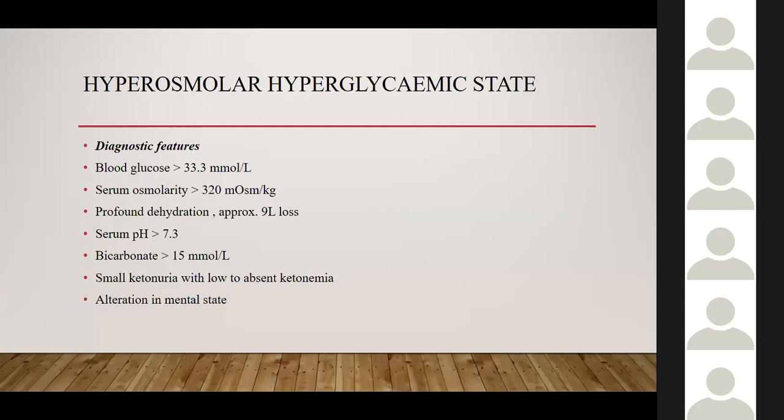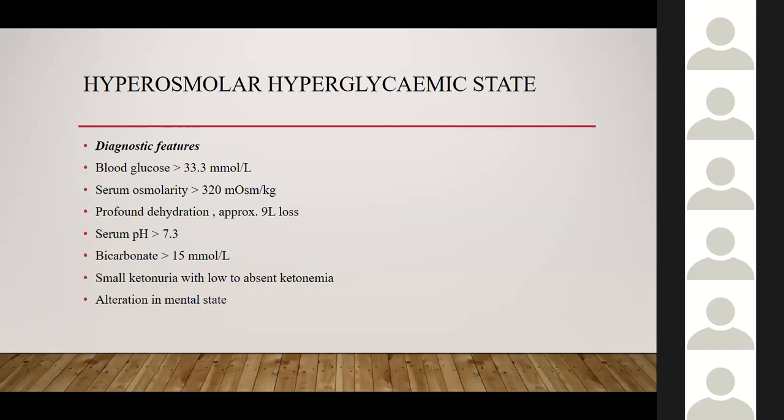Okay. So you have to make a conscious effort to diagnose. When I was doing my medicine rotation at Tema General, we, the house officers at that time, made a conscious effort to write HHS because there's a tendency to just write hyperglycemia in a diabetic. But because it was a learning process for us, we made a conscious effort.